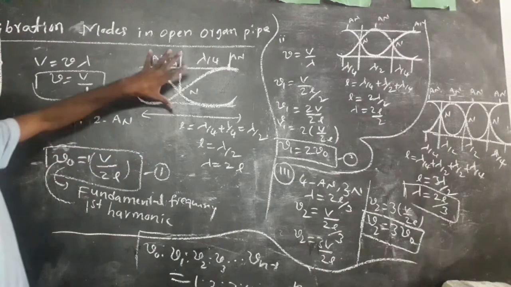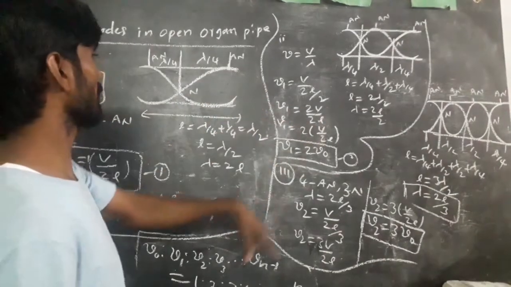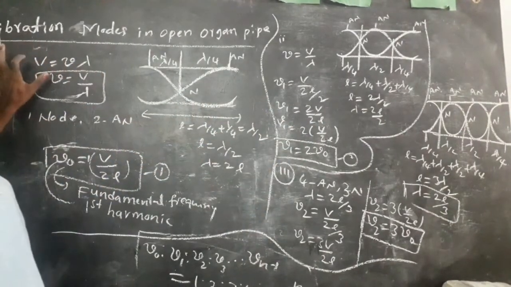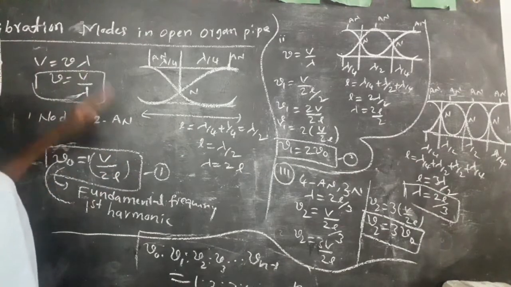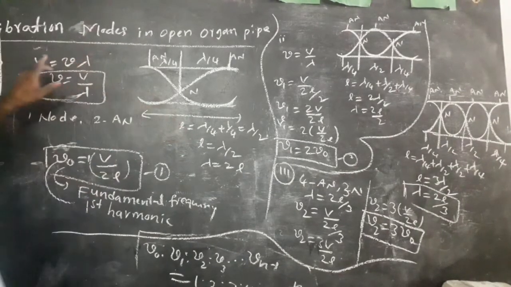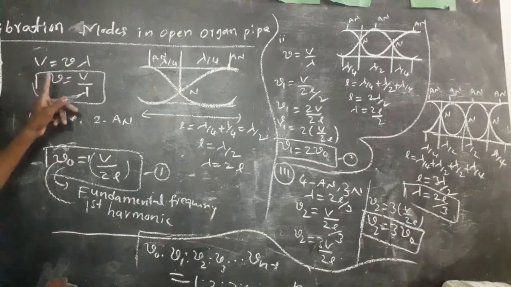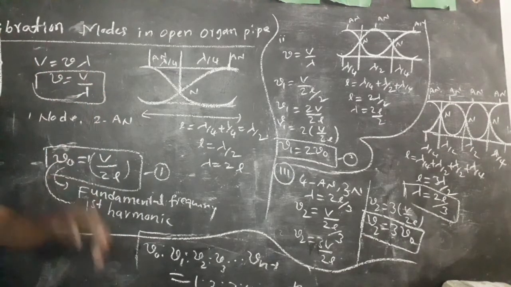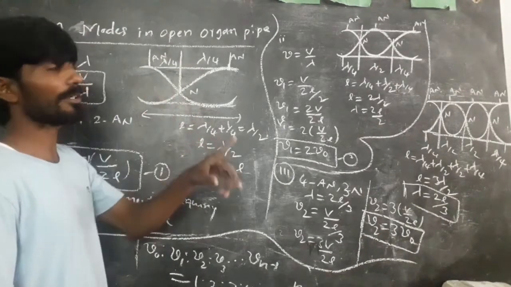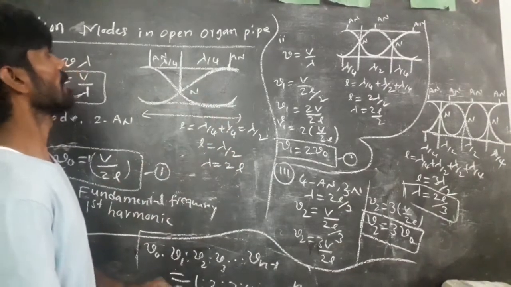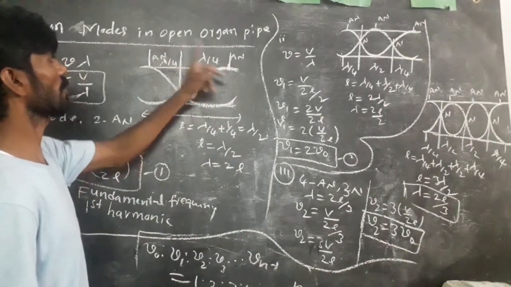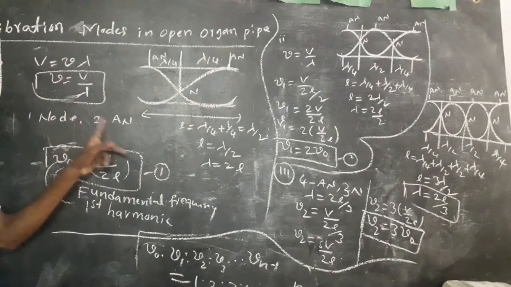When a stationary wave travels with wave velocity v, frequency ν and wavelength λ, the relation between these three quantities is v = νλ. From that I need the frequency only: ν = v/λ. Now I select one stationary wave traveling through the open organ pipe with two antinodes and one node.